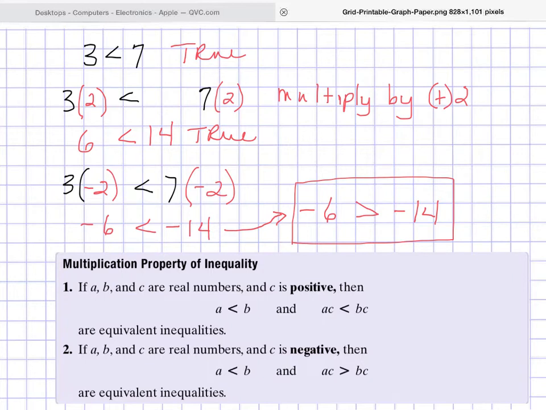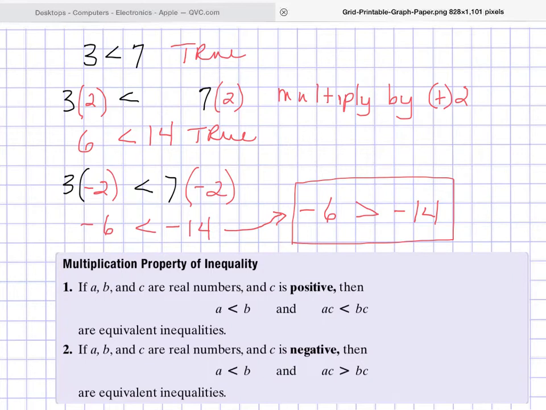With the multiplication property of inequality, it's different than the multiplication property of equality. If you multiply or divide both sides of an inequality by a positive number, everything remains the same. You don't change the direction of the sign. But if you multiply or divide by a negative number on both sides, then you have to change the direction of the sign for your solution.